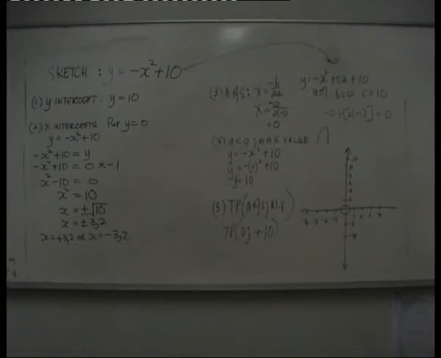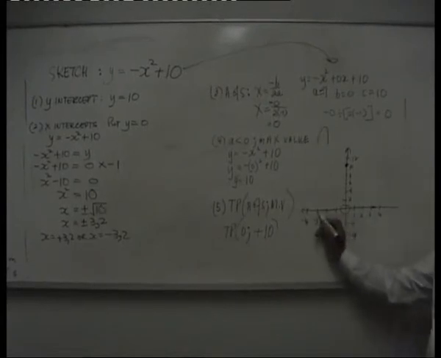Y-intercept is 10. So you put it out on the y-intercept. Then your x-intercepts are 3.2. There's 3. So 3.2, there's 3.5 halfway here. So 3.2 is somewhere here. You judge it. And minus 3.2.